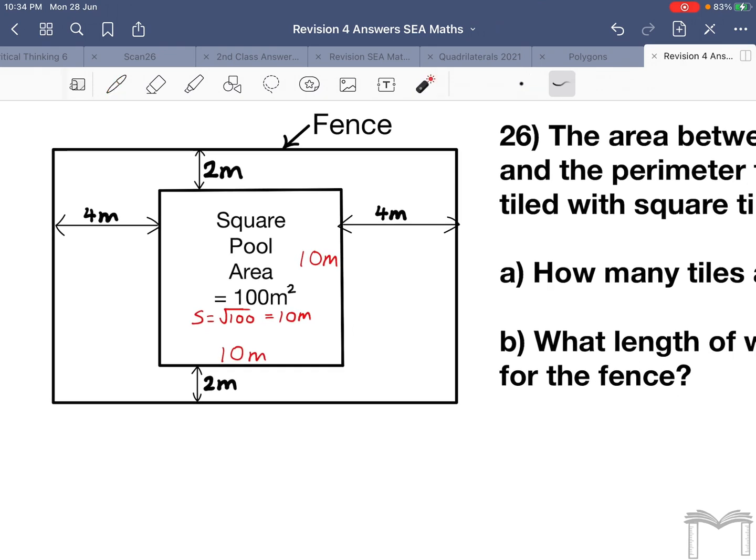They didn't give us the length and the width of the fence, but we can work it out. The length here is 10, and this additional piece here is 4, so that's 10 plus 4 is 14, plus 4 is 18. So the length of the fence is 18. And the width of the fence is 10 plus 2 is 12 plus 2 is 14.